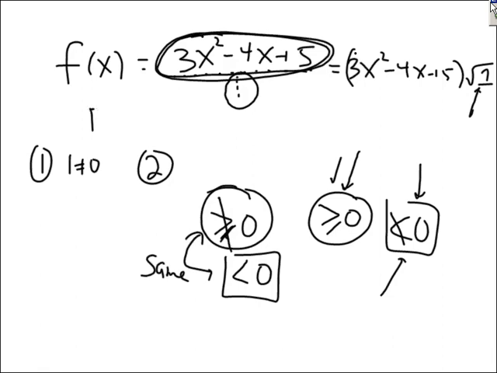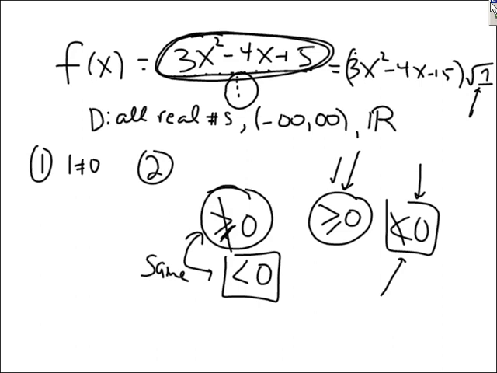That is, the domain is all real numbers. Some instructors or textbooks would say the answer is negative infinity to positive infinity. Some books or teachers may say it's the symbol for all real numbers. Instead of writing all real numbers, there's a symbol for it.